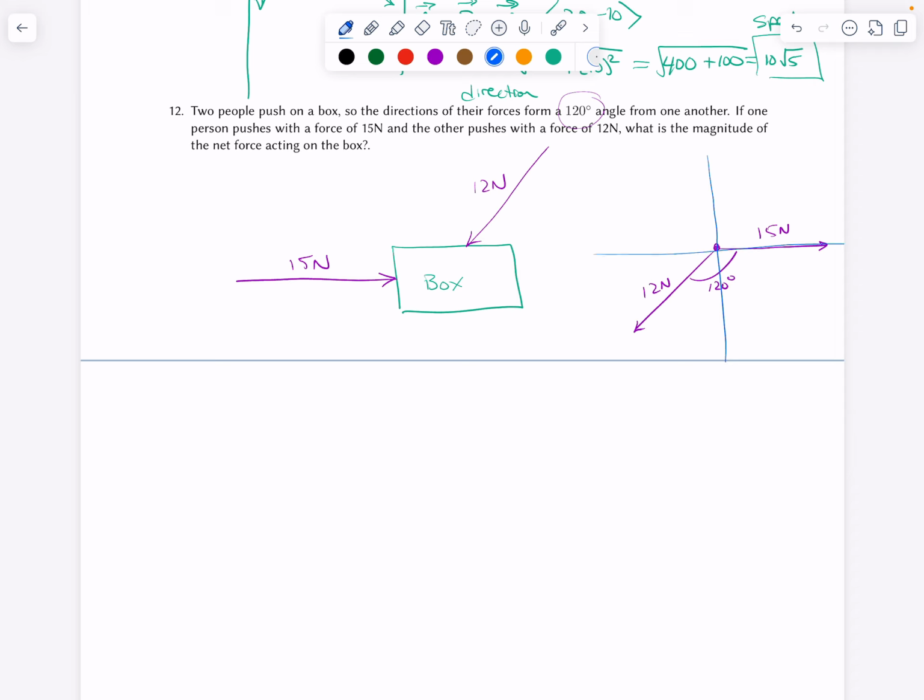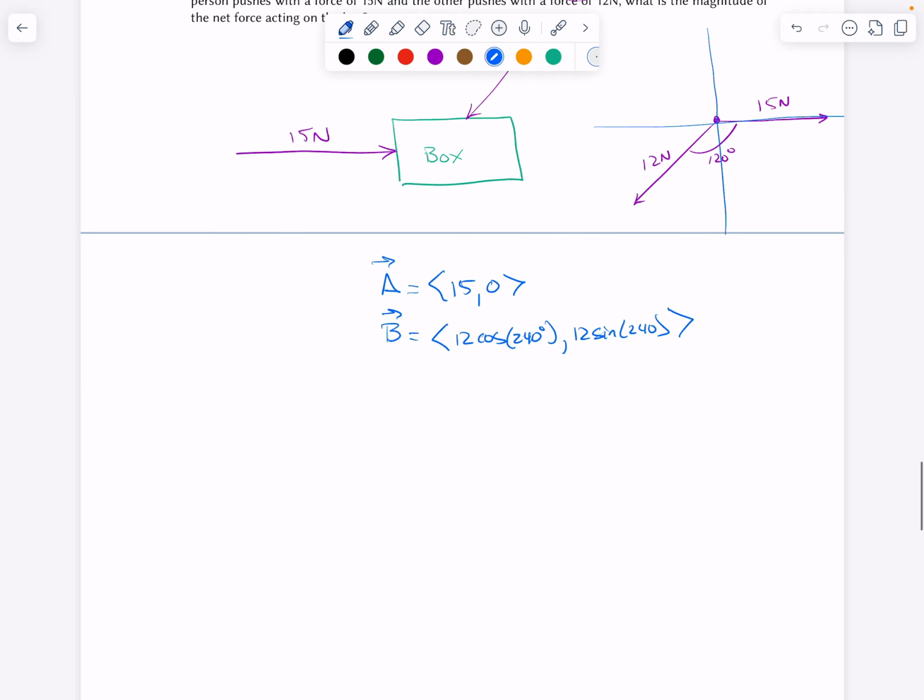The first one is going to be 15, 0. That's why I chose that. That's person A, we'll call it, the vector A. Vector B is going to be 12 times the cosine of 240 degrees and 12 times the sine of 240. And we all know what the sine and cosine of 240 degrees is.